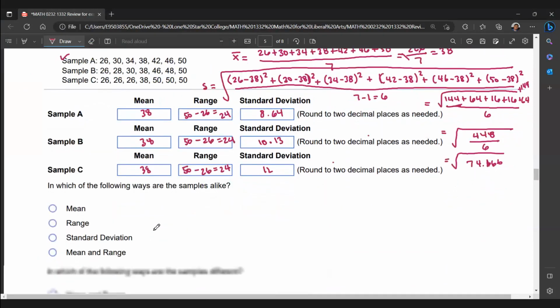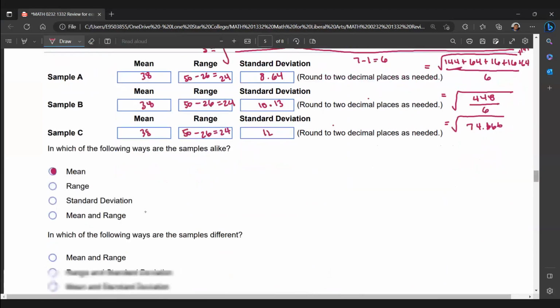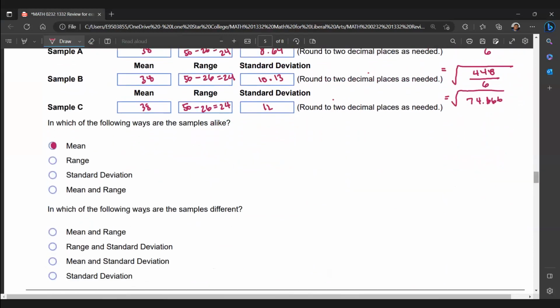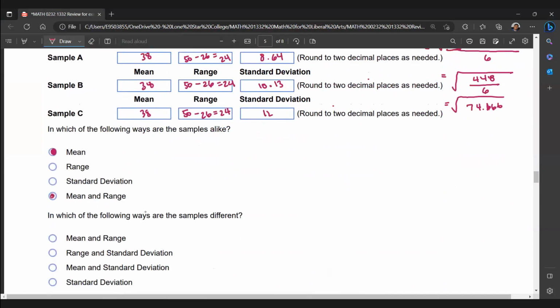So, in which of the following ways are the samples alike? Well, they all have the same mean. I think that was pretty obvious. They also have the same range. Oh, there's an option for mean and range.